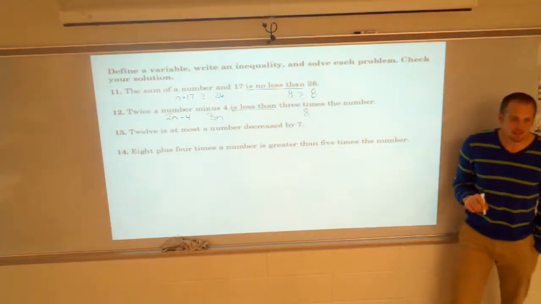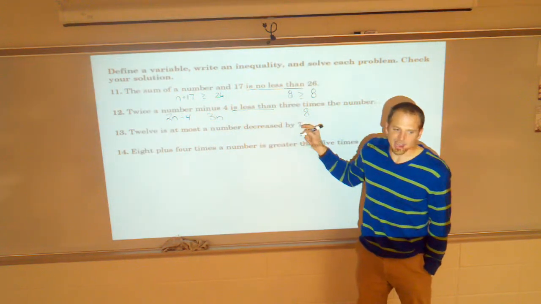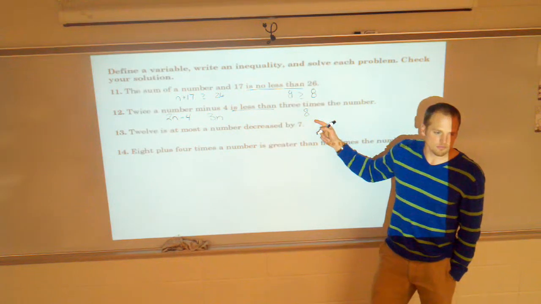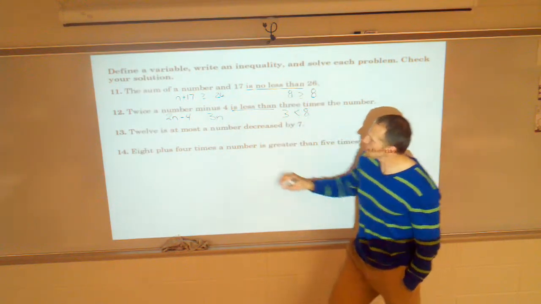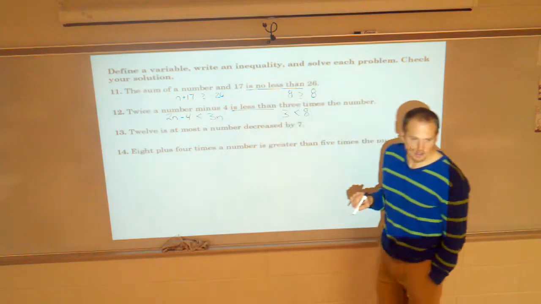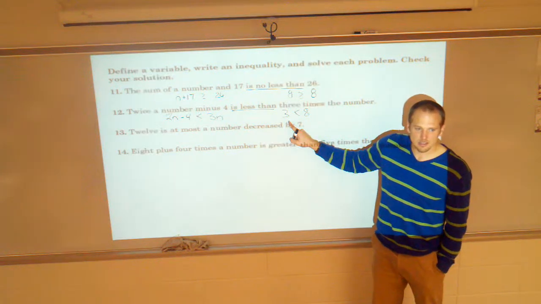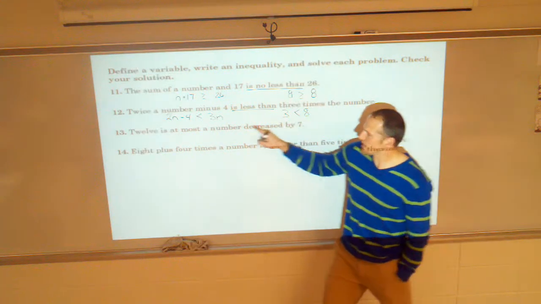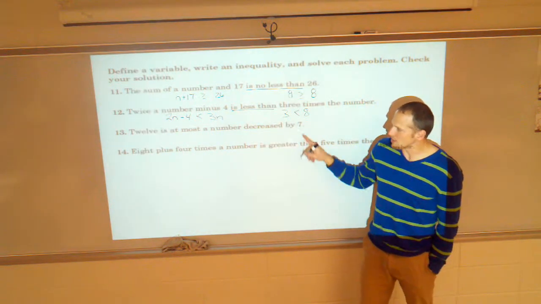Give me a number that's less than 8, Diane. Give me any number less than 8. 3. Okay. So put down 3. Alligator eats the bigger one, so that is my sign. Alyssa, could 8 be less than 8? No, it's not. So it just has to stay like that. 2n minus 4 is less than 3n.